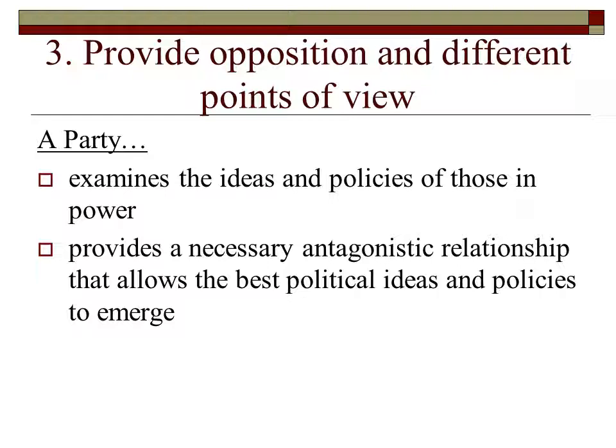In other words, they step back, they say, this is what's wrong here, this is what we're opposing, and hence this is our running platform going forward, how we can fix the thing that is currently broken. You don't often hear politicians saying, everything's working great right now, elect me to be part of the greatness. Normally they're talking about something that they want to fix or a problem that they've seen within the government that they want to address. And so you have this antagonistic relationship that allows new ideas to constantly come in.